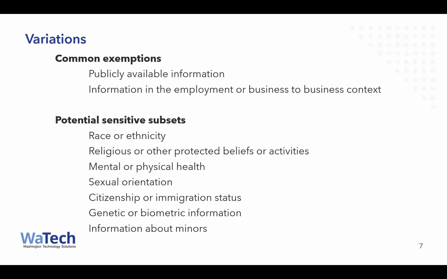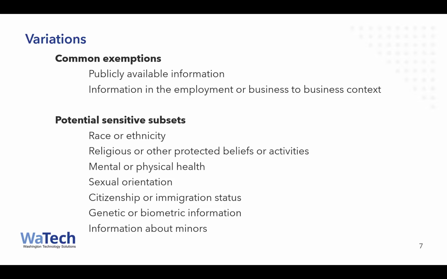Then we also have more specific definitions that are within the broader category of personal information. These are often called sensitive information. That's not the terminology we necessarily use. But these are subsets that may have heightened restrictions or heightened requirements wrapped around them. Race or ethnicity are certainly included there, religious beliefs, but also other protected activities like political activities and political speech, mental and physical health, sexual orientation.